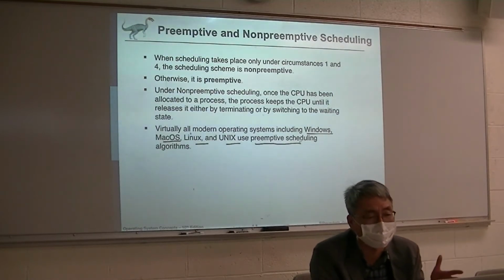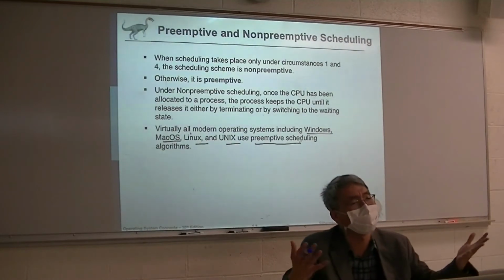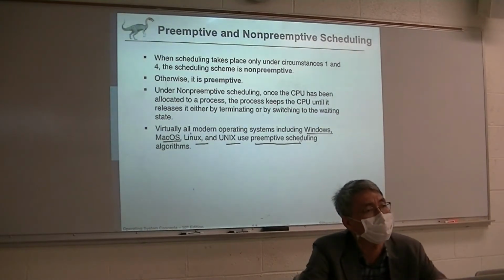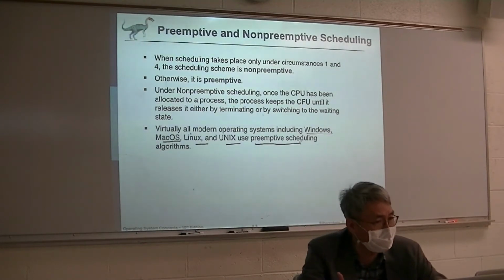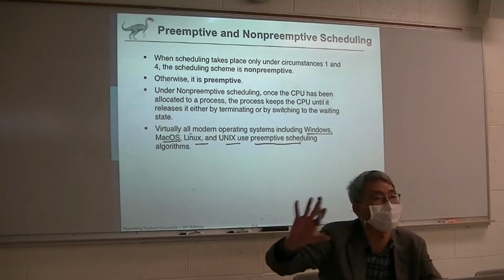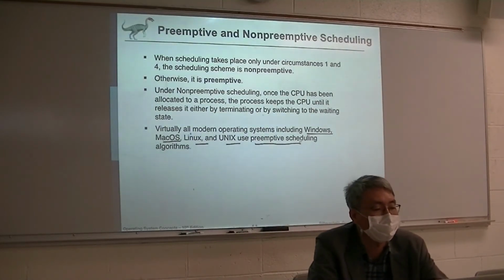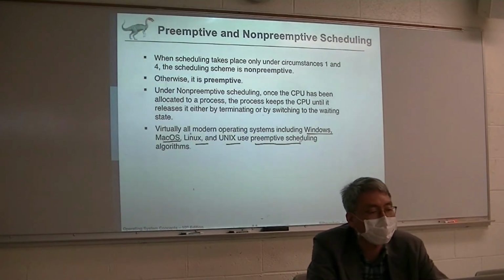Even though you are using multiple processors and a multi-core system, it is still a limited resource. We need to schedule. If you are using a non-preemptive-only scheduler, what if there is a very heavy job that takes a day, 24 hours? Then none of the other processes can get CPU resources. So nowadays, most CPU scheduling is preemptive.